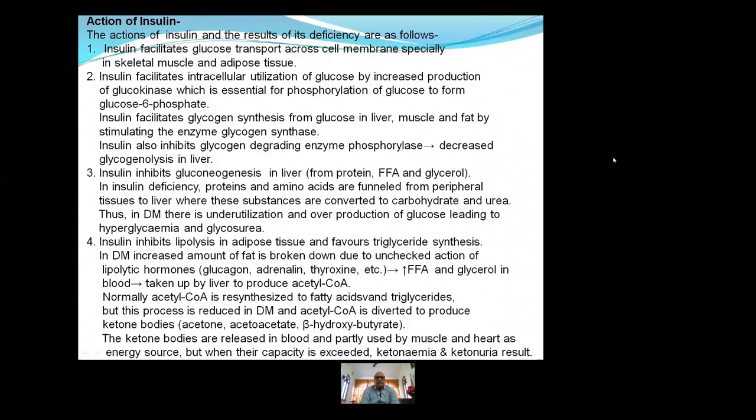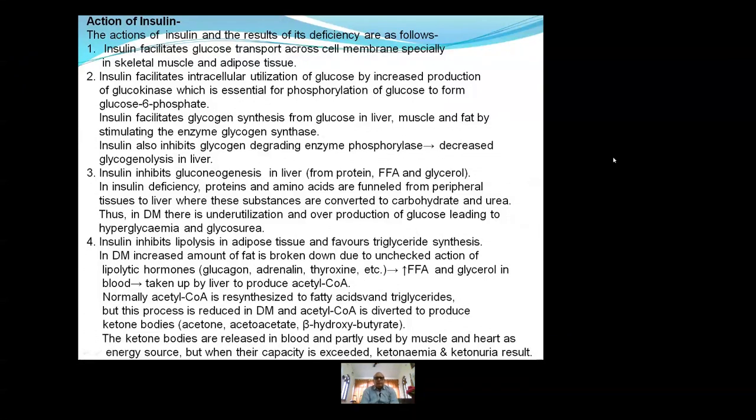Insulin facilitates intracellular utilization of glucose by increased production of glucokinase, which is essential for phosphorylation of glucose to form glucose 6-phosphate. Insulin facilitates glycogen synthesis from glucose in liver, muscle, and fat by stimulating the enzyme glycogen synthase.